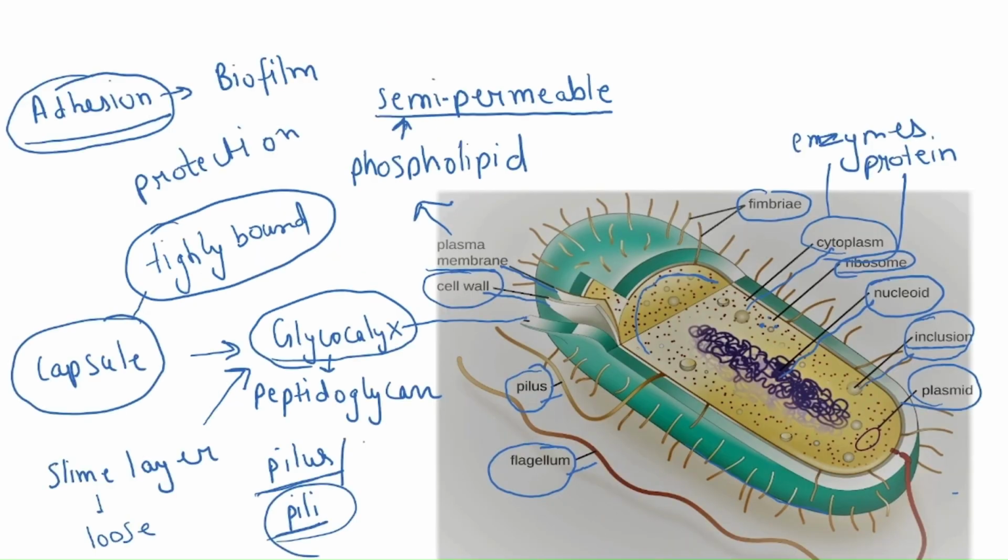As I told you earlier, bacterial cells have DNA in the nucleoid region, but this plasmid also contains genetic material. This plasmid also contains DNA, but it is not present inside the nucleoid region. It is separated from the bacterial chromosome. So a plasmid is extrachromosomal.